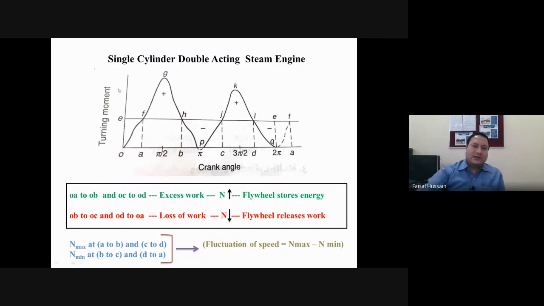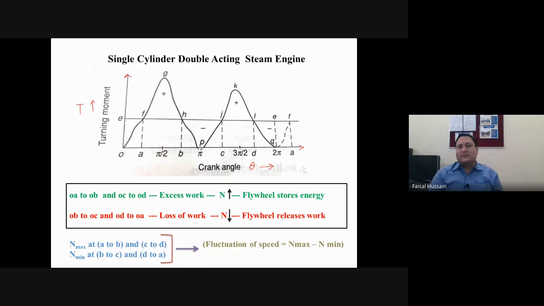See in this diagram, actually it is the turning moment diagram for a single cylinder double acting steam engine. On x-axis this is your crank angle, and on y-axis this is your torque. It is just a diagram for your explanation.